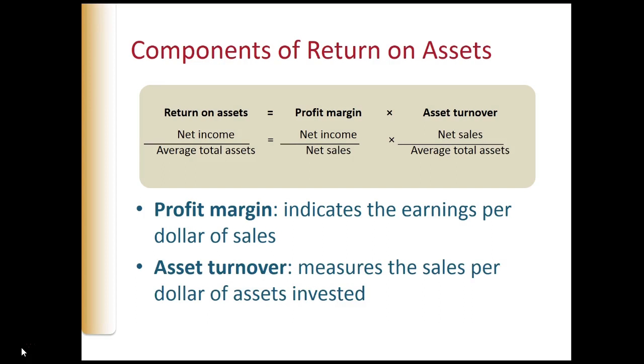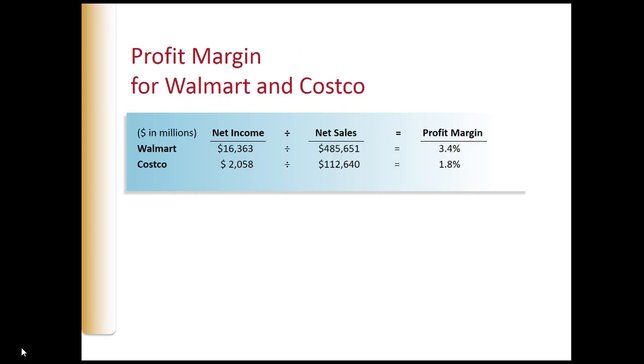Asset turnover is calculated as net sales divided by average total assets. This ratio measures the sales per dollar of assets invested. So now if we compare Walmart and Costco, we might expect Walmart to have a higher profit margin and a lower asset turnover than Costco.